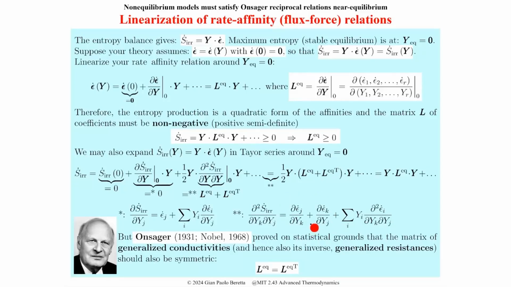And notice that this is not equal to that, because the one is the derivative of j with respect to k, the other is the derivative of k with respect to j. So essentially, you're left with this matrix here plus its transpose. When you switch the j with k, you get the transpose.